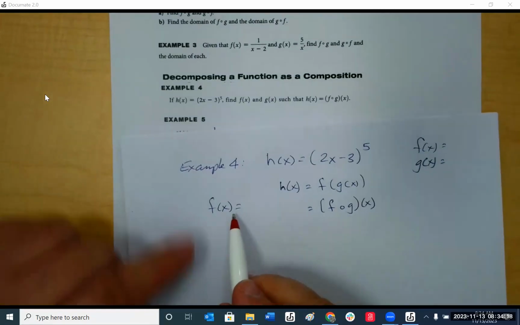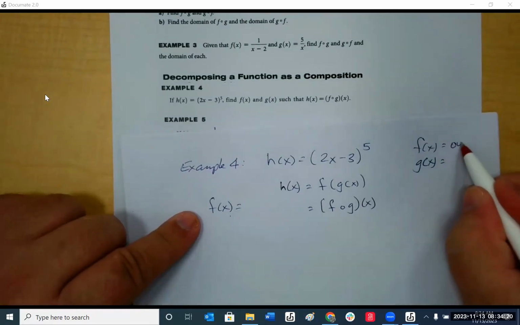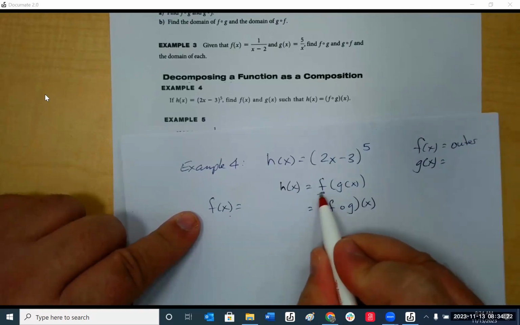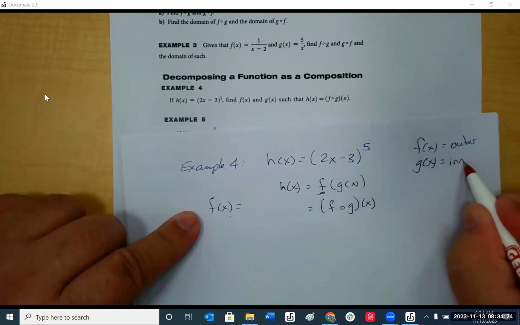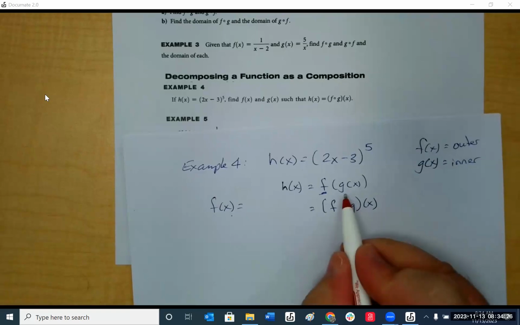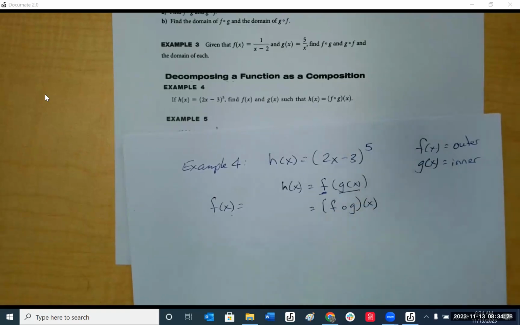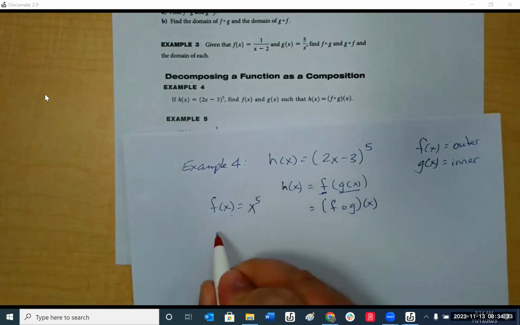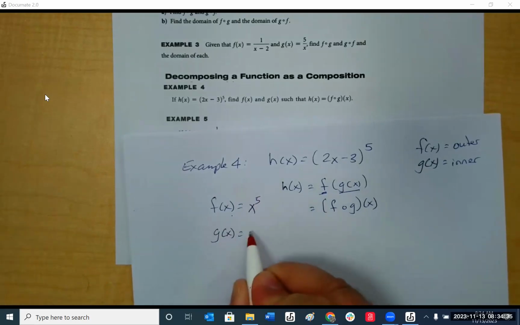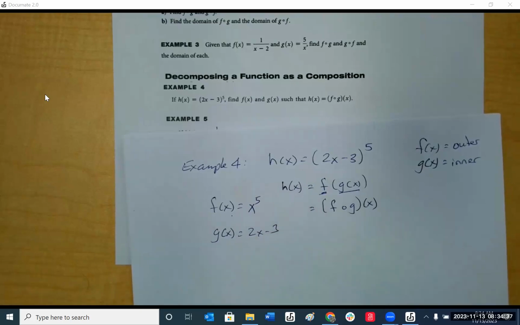So what is the f of x is the outer. It's the outer equation. This is the inner. So which one's the outer? Yep, very good. And the inner? Perfect. That's all there's to it. Very good.